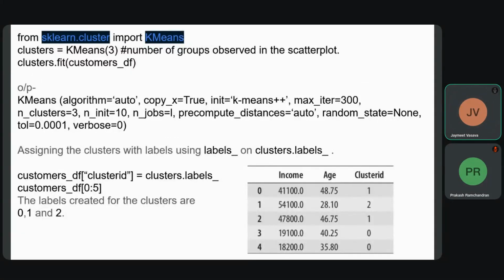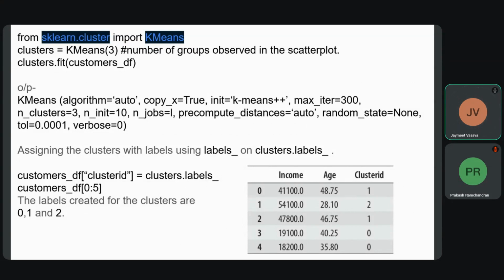We'll be implementing k-means with the help of scikit-learn.cluster. We'll be using three clusters, since when we plotted the graph, we found three clusters. We'll fit our clustering model, and these are the parameter values you can see.